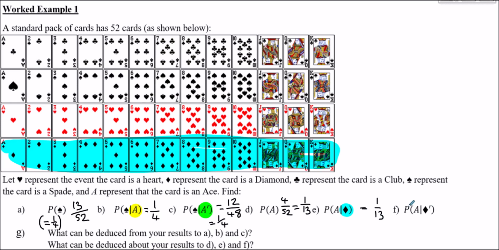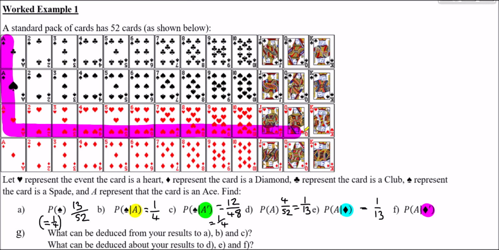And finally, F, what's the probability of it being an ace if I tell you that actually the card is not a diamond? Well, if the card's not a diamond, then that's going to leave us with all these cards. I'm going to colour in now in purple. If it's not a diamond, I'm just excluding that very bottom row.